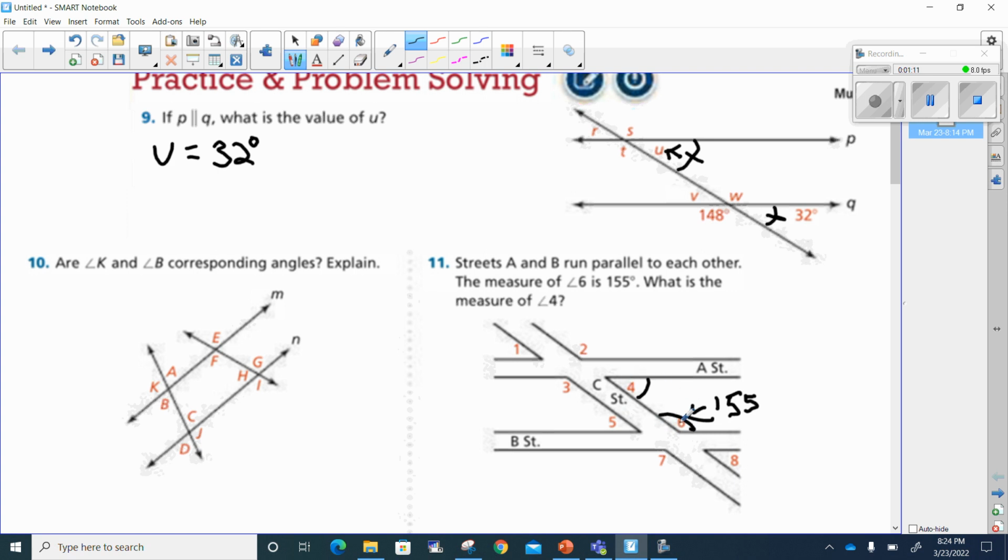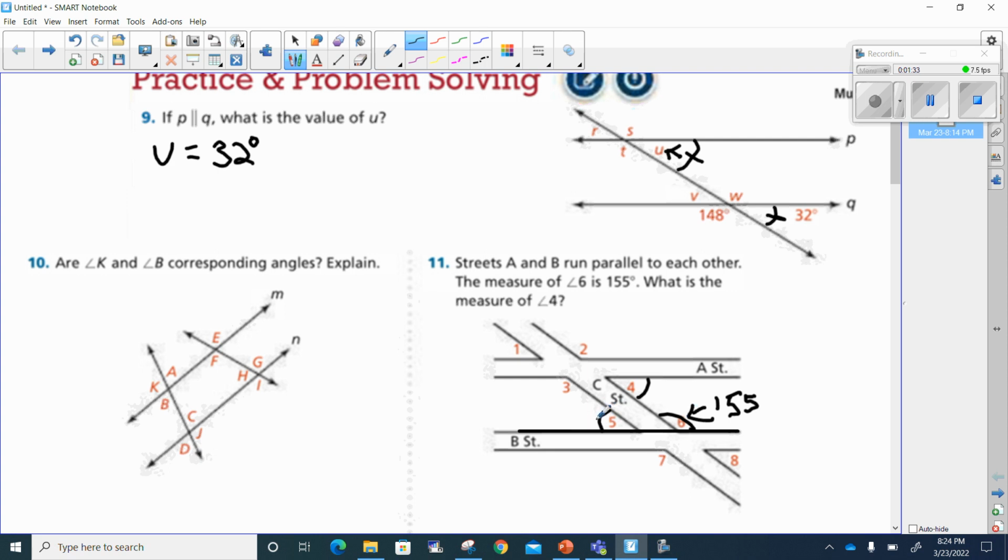Anytime a line is there, and I'm just going to show you the line here, from here to here, that means the two angles that make up that line are supplementary angles, and that would be this angle and this angle.